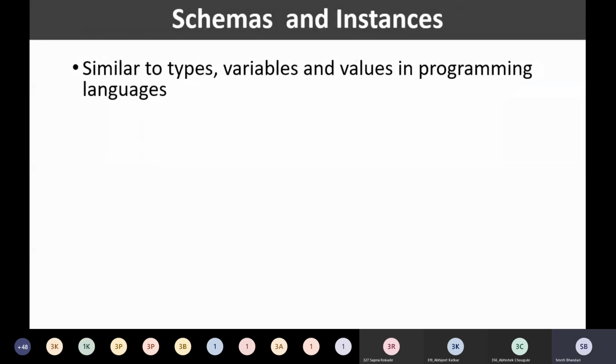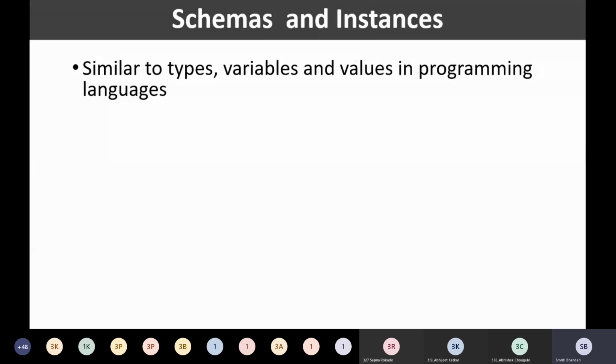Fine. So the next concept under view of data is related to two important terms, schemas and instances. We have here an analogy with programming languages. You have learned various programming languages, right?